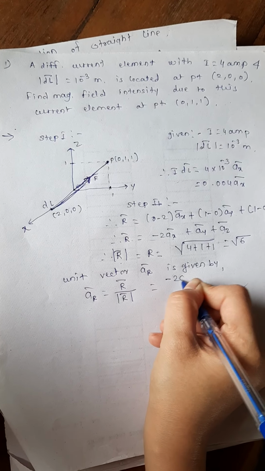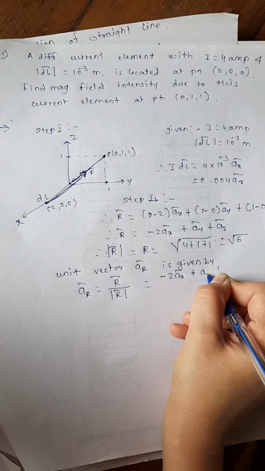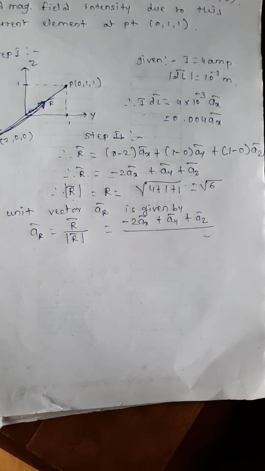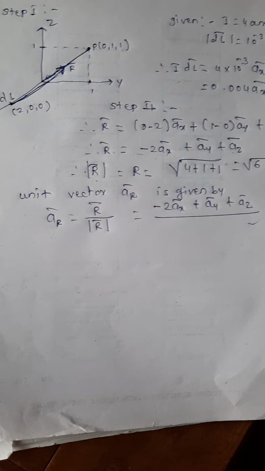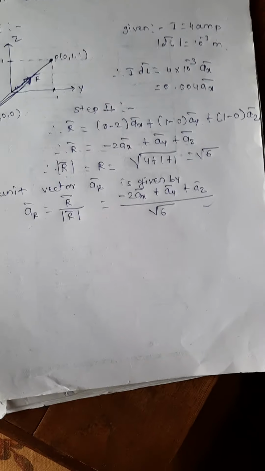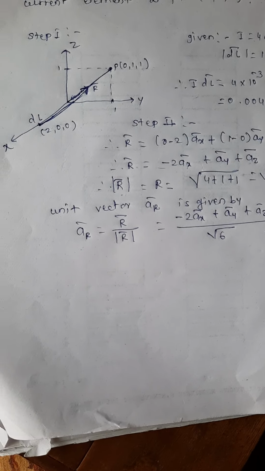So it is minus 2 ax bar plus ay bar plus az bar, divided by square root of 6. So this is the unit vector ar bar.